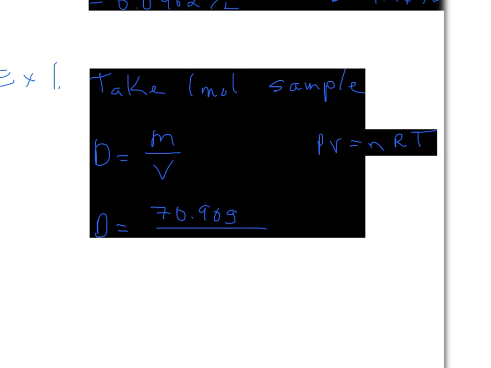So let's sub in what we know. The pressure is going to be 137.1. I'm solving for the volume. I took a fake 1 mole sample. Let's throw 4 sig digs on that so we can keep a good answer. R equals 8.314.